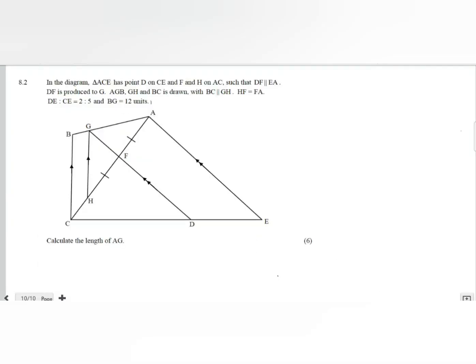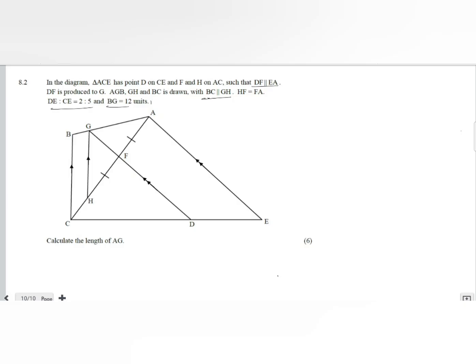Alright guys, now coming to 8.2. We can see the parallel lines there, and ratios are given, DE over CE, and one side is given, and 2 pairs of parallel lines are given, that is BC is parallel to GH and DF is parallel to EA, which means you have to use the proportionality theorem to do this question.